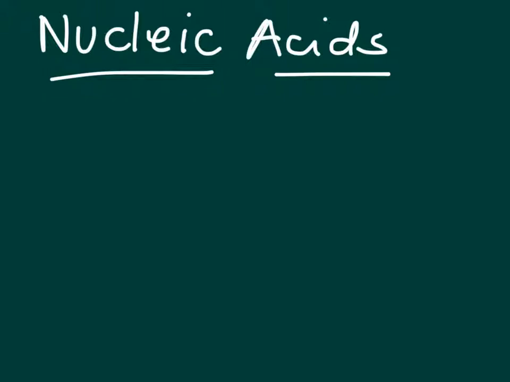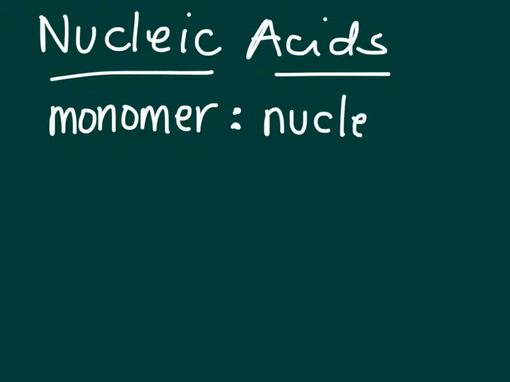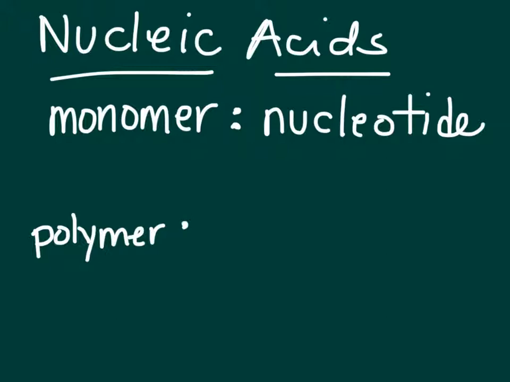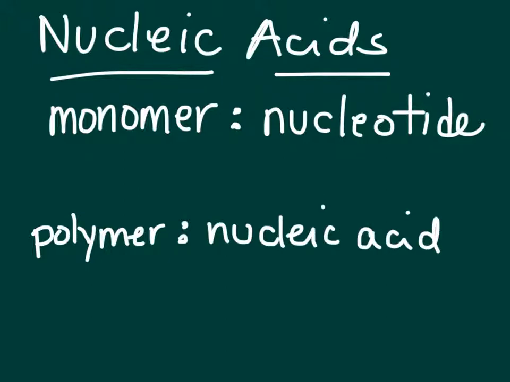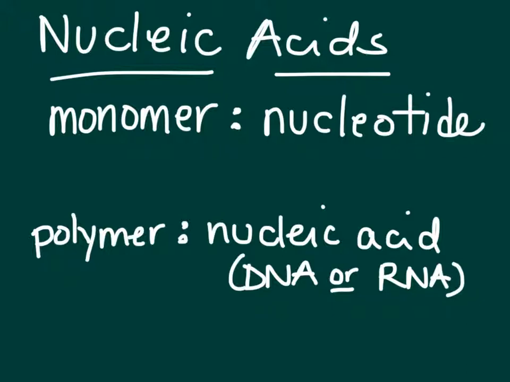What is the monomer of a nucleic acid? And we know that the polymer is the nucleic acid, which is either DNA or RNA.